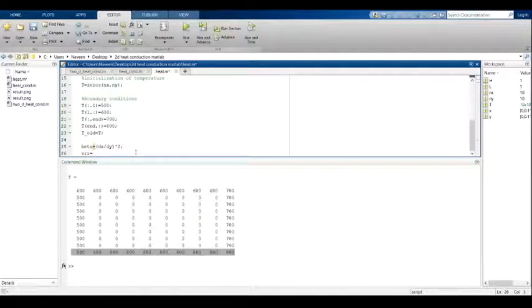So error is equal to somewhat 565 and tolerance equals 1e minus 6.